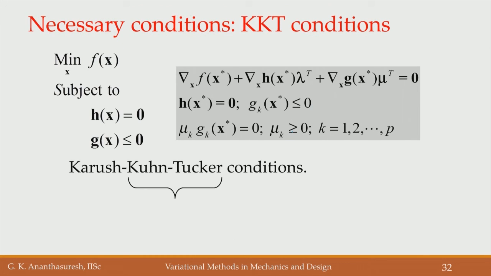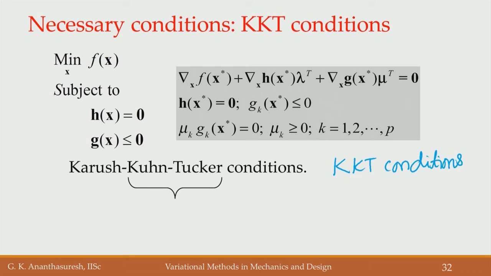This actually gives us what are called the KKT conditions. These are something that one should be able to write and explain what they mean, even if somebody wakes you up in the middle of the night.